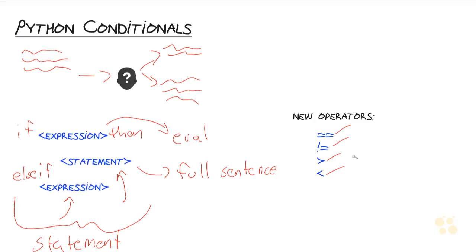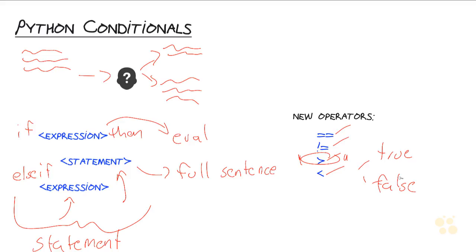If we take something like the greater than symbol here, then what this is going to do is look at the value on the left and the value on the right, and if the value on the left is greater than the value on the right, it'll return true, and if it's not, it'll return a false. There's a Boolean value inside of our programming language.